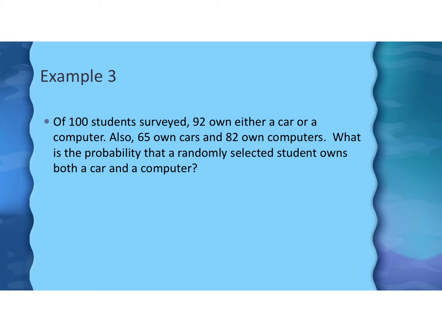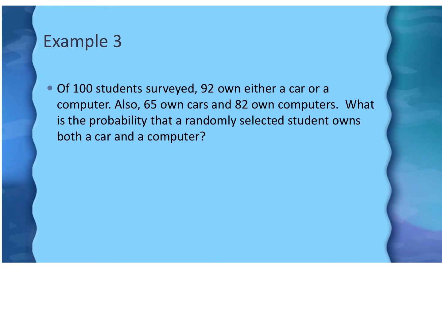So here it said, of 100 students surveyed, 92 own either a car or a computer. So they own either one. Also, 65 own cars, 82 own computers. What is the probability that a randomly selected student owns both a car and a computer?